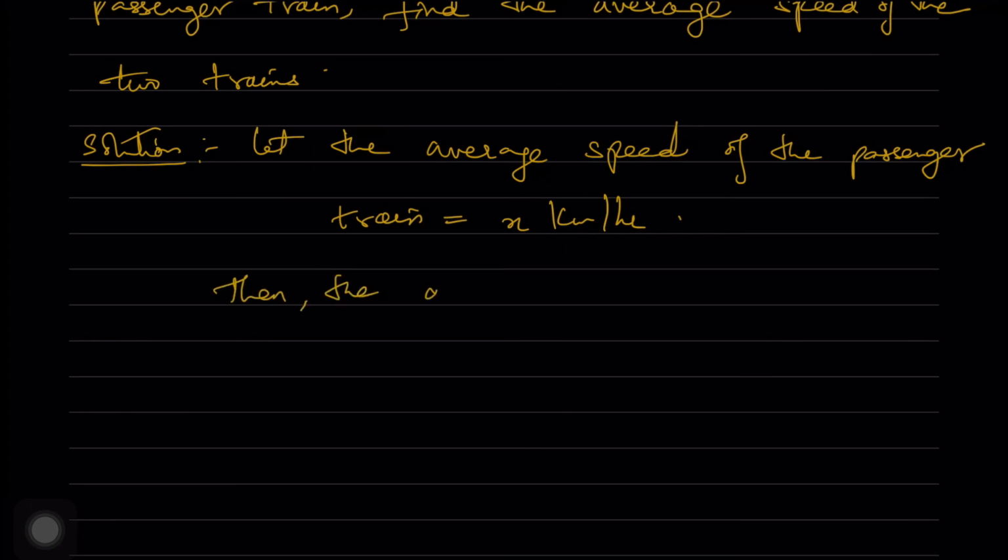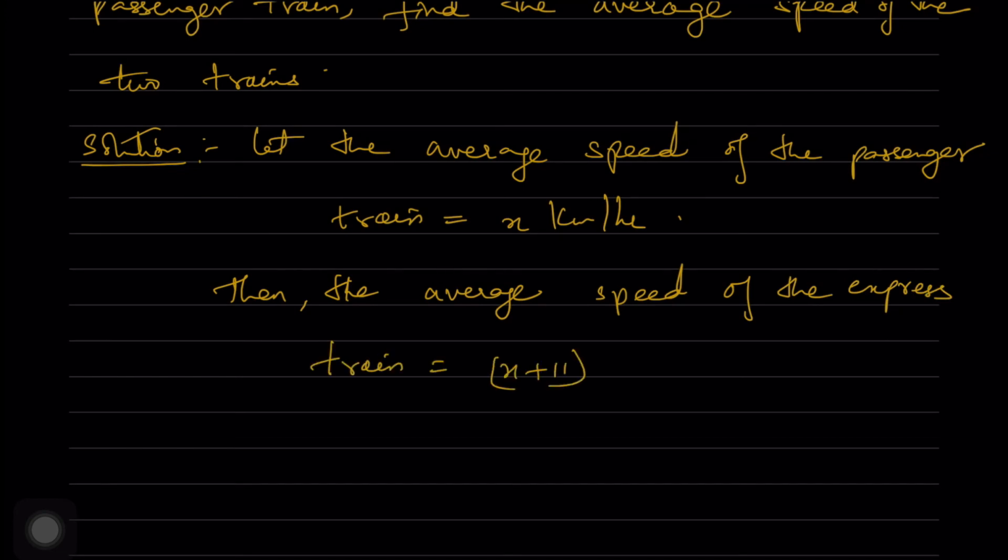Then the average speed of the express train is equal to x plus 11 kilometers per hour.